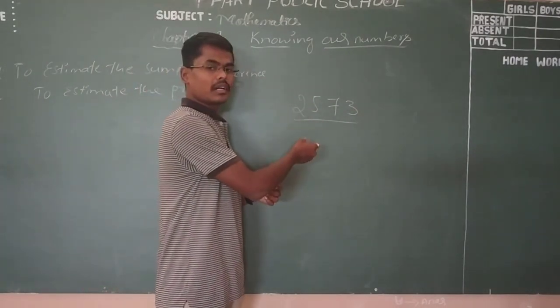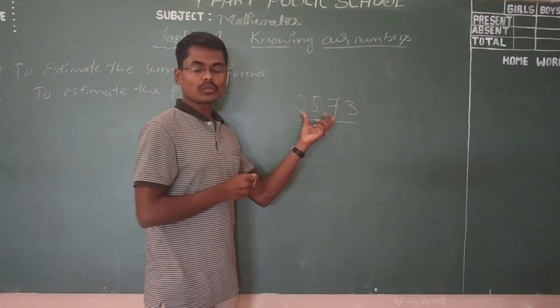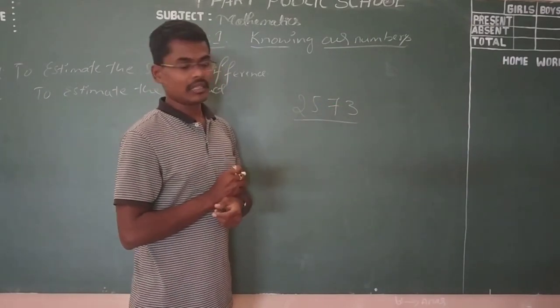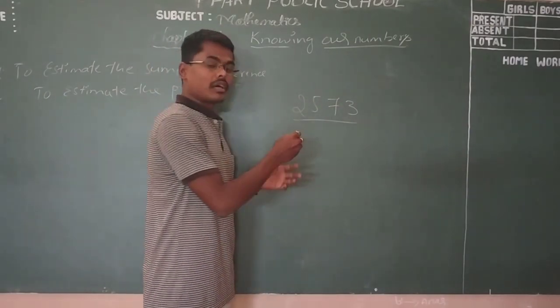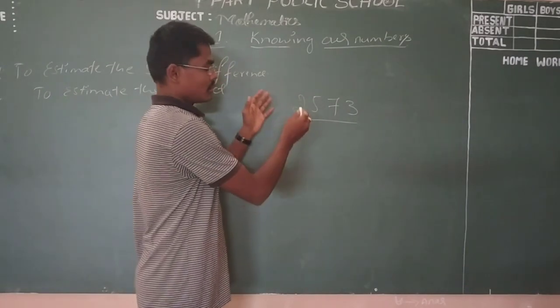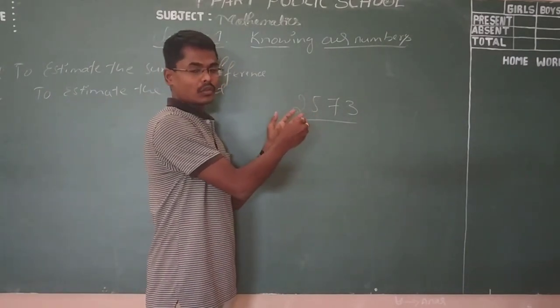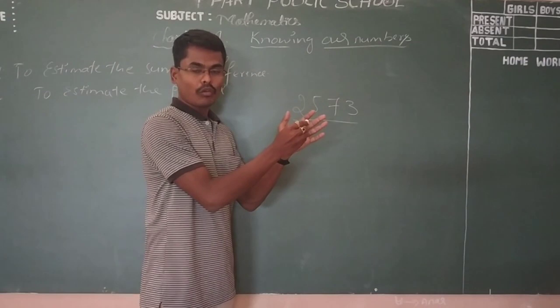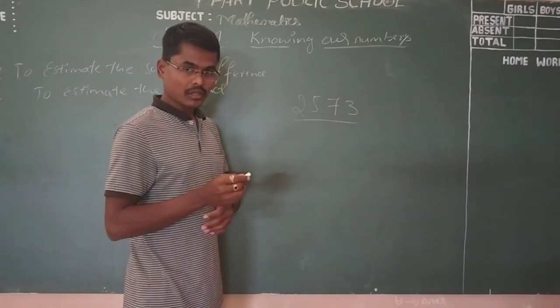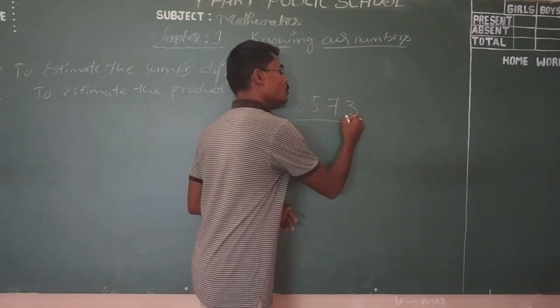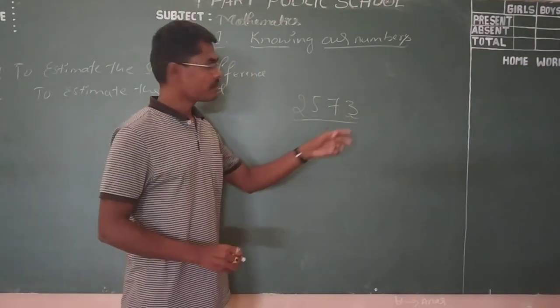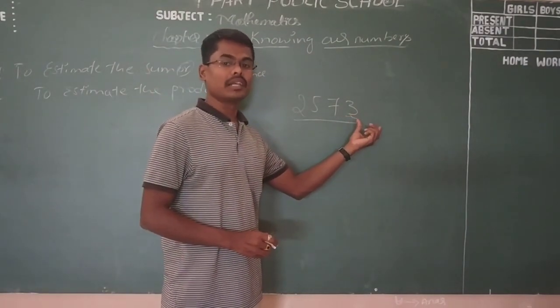Now look at this one. I have written here 2573. For example, if I ask the question like this, you are going to round off 2573 to the tens position. At that time you have to look at the unit position. What is the digit place?